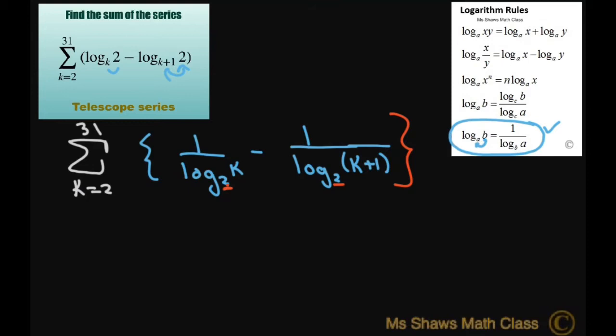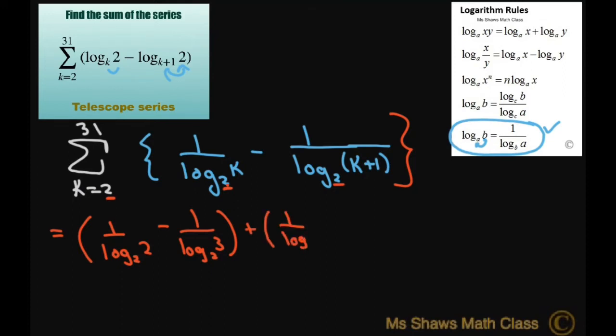And let's write out the first three terms and the last term so we can see a pattern. So this is going to equal, if we start with 2, 1 divided by log base 2 of 2 minus 1 divided by log base 2 of 3. Then plus 1 divided by log base 2 of 3 minus 1 divided by log base 2 of 4.